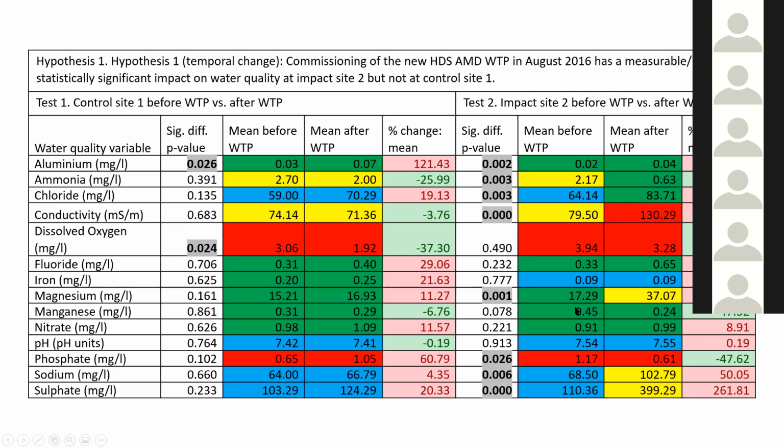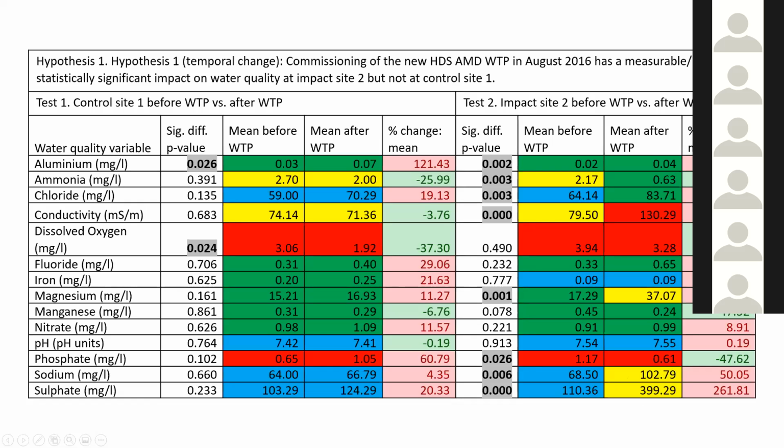The second one I would like to highlight is magnesium, going from 17 to 37, so from acceptable to tolerable. And the third one, and the most significant one, would be sulphate. Sulphate moved from ideal to unacceptable targets, and so did sodium, from ideal to unacceptable on average.